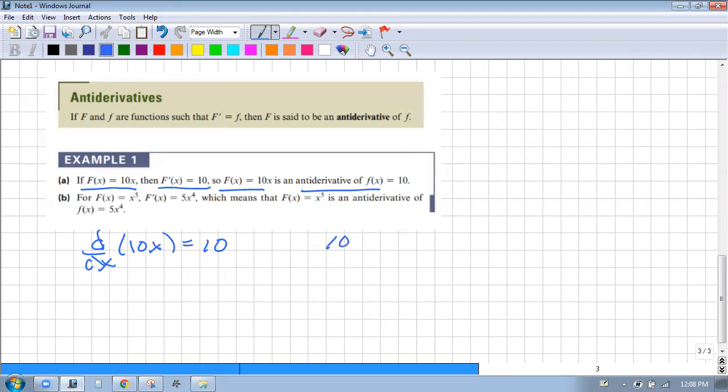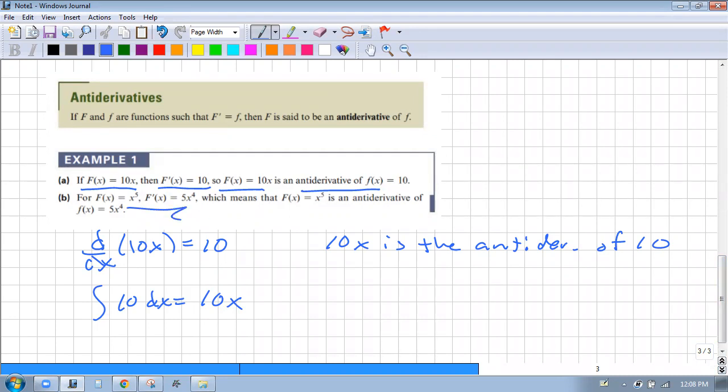So 10x is the antiderivative of 10. Basically, they're saying the integral of 10 with respect to x is 10x, right? Because the derivative of 10x is 10. Does that make sense? Okay.